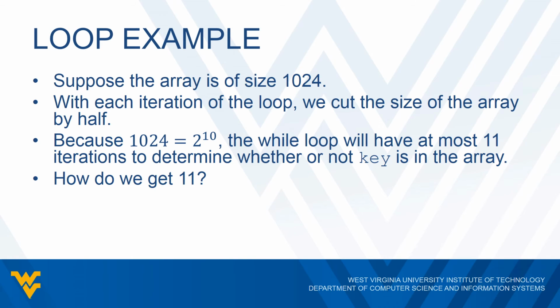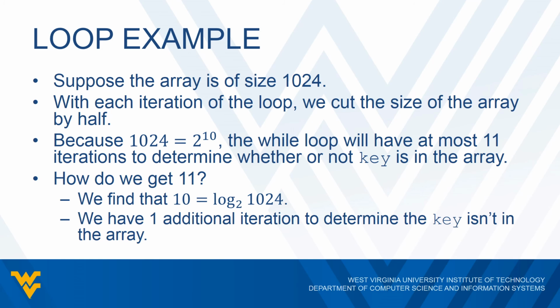Now, how do we get 11? Shouldn't it be 10? We have 10 iterations of the loop. Well, we find that 10 is log base 2 of 1024. Remember, we talked about some log rules a while back. I said that it was going to come back to us, and this is where it comes back. If 1024 is 2 to the 10th power, then the way we get 10 is we take log base 2 of 1024. That's how we get the 10 part.